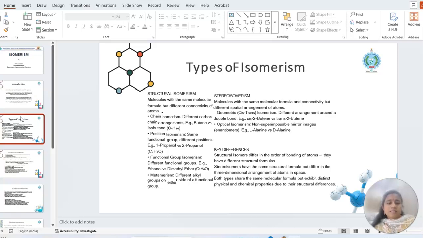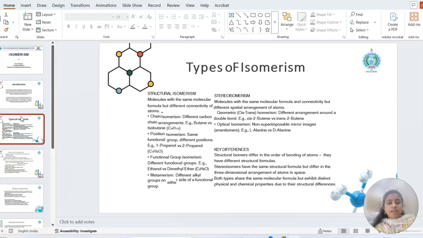Next, the third one is functional group isomerism. Here, the compounds have different functional groups. For example, ethanol and dimethyl ether. Ethanol has an alcohol functional group and dimethyl ether has an ether functional group.